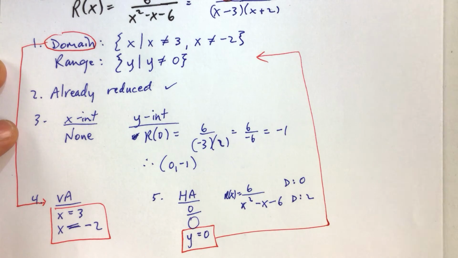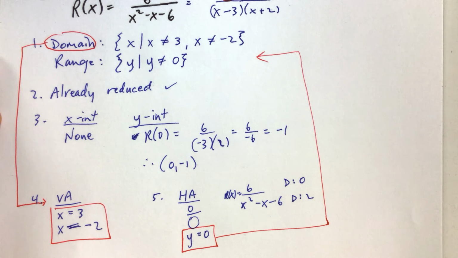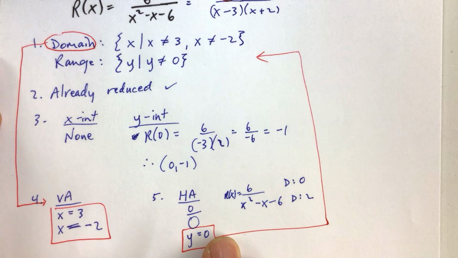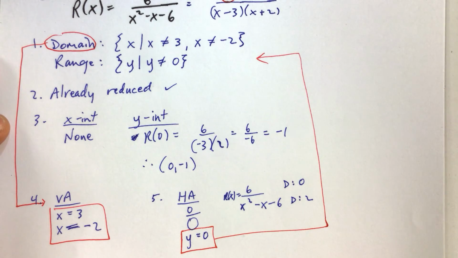So for now, in these more straightforward and basic rational functions, before you graph it, you can figure out, oh, we have a horizontal asymptote, the y value will never be equal to 0. And so the range would be all other real numbers besides 0. In fact, the range in general is better to find when you graph the function first.